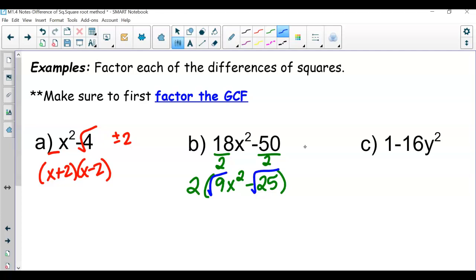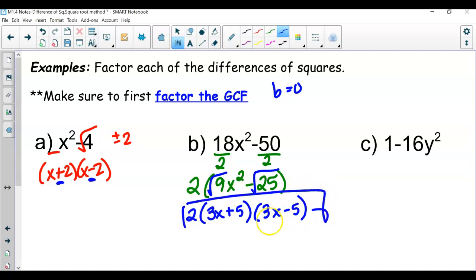So now notice in the end, when we're factoring, we always have our plus and our minus, because in the end they need to cancel out so that b is equal to 0. So in this case, fully factored, you have 2 times 3x plus 5, because of the square root. So then 3x minus 5. This is fully factored form.